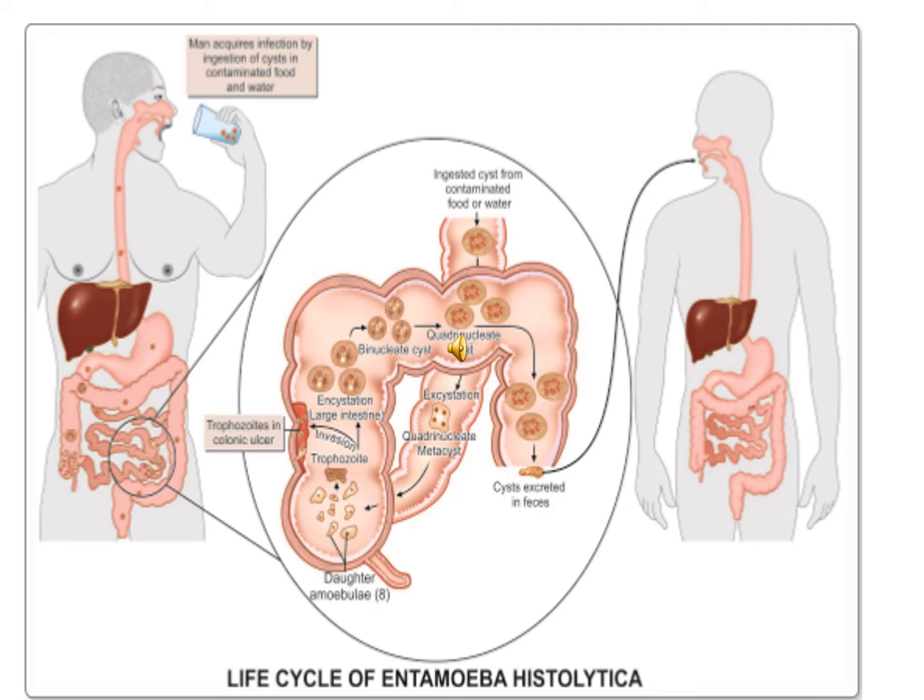In the large intestine, some trophozoites invade the epithelial cells of the colon and the ileum and cause colonic ulcers, and some trophozoites undergo the encystment stage, that is, a precyst stage, a binucleated stage and a quadrinucleated stage, and become the infective cyst, and they are excreted in the feces.